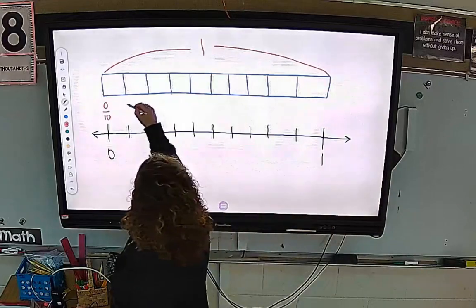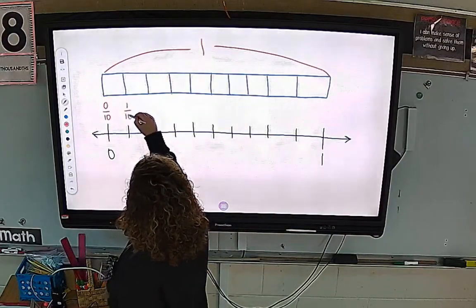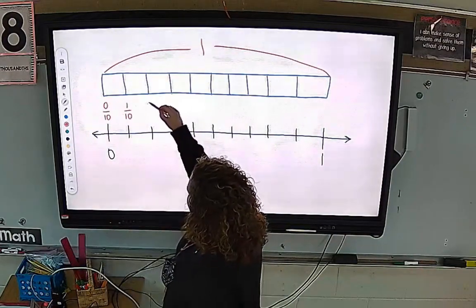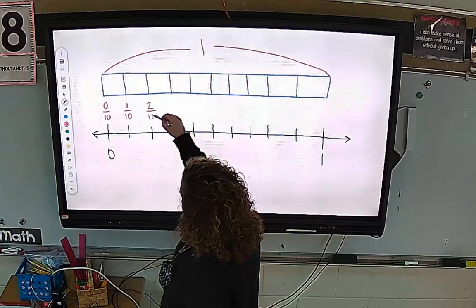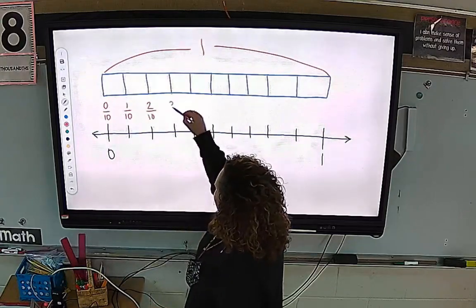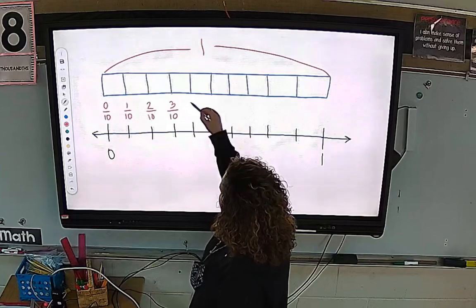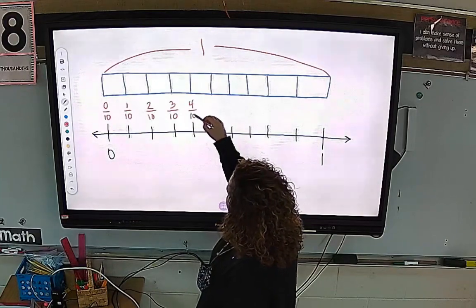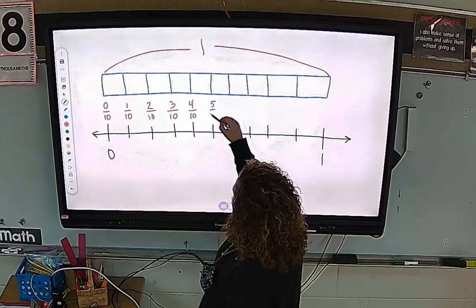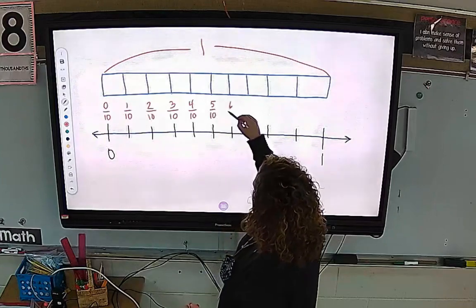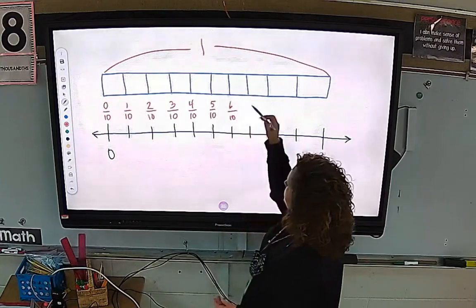We know that this is 1/10. We know this is 2/10. This is very familiar to us. And you can keep going all the way down the number line. But notice that label is matching up to your tape diagram too.